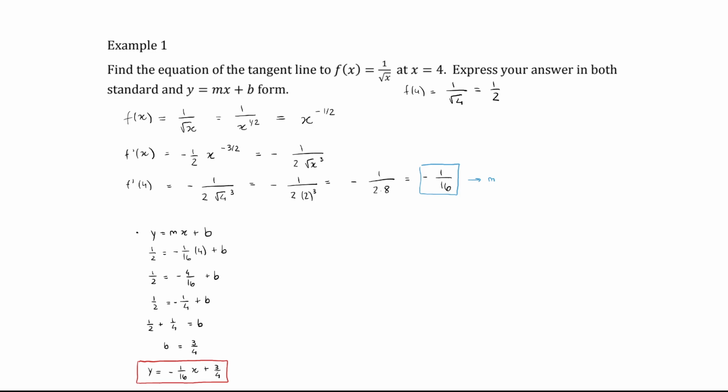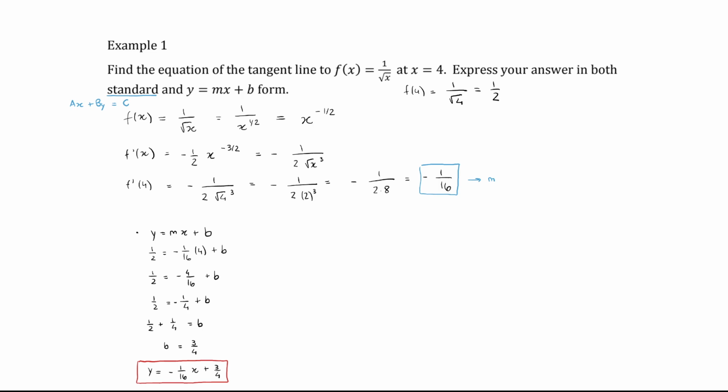Okay, so remembering that standard form, this means that we want to have the equation of the line as ax plus by is equal to c. So basically all we have to do is multiply through by the greatest common factor, and rewrite our expression.